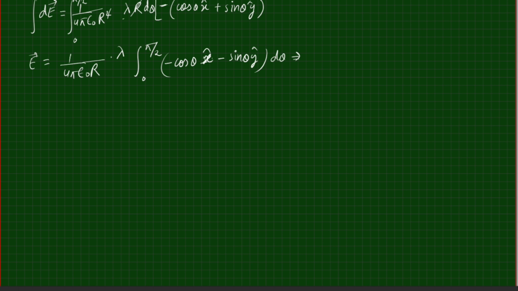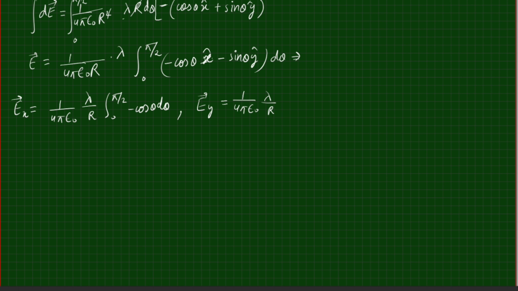So from here I can split this electric field into two components, x and y. Ex is 1 over 4 pi epsilon naught lambda over r, integration 0 to pi by 2 of minus cos theta d theta, and Ey is 1 over 4 pi epsilon naught lambda over r, integration 0 to pi by 2 of minus sin theta d theta.